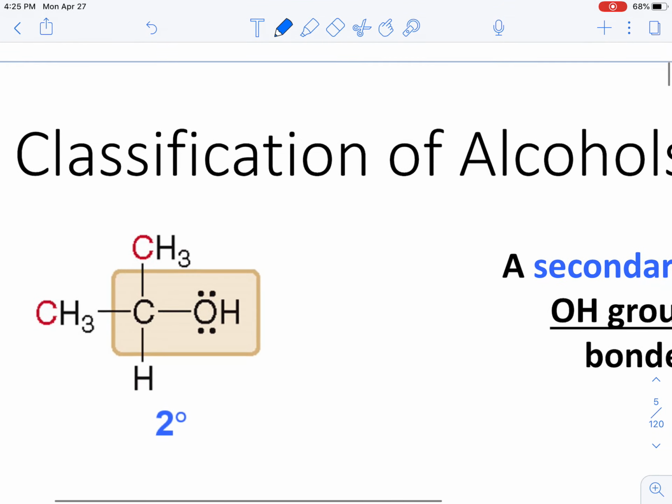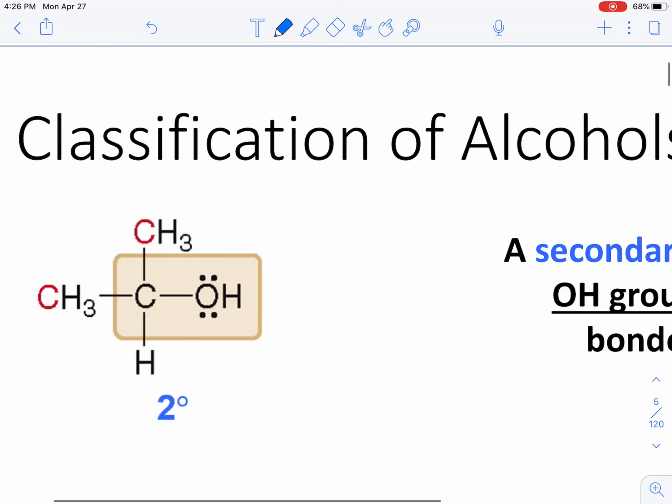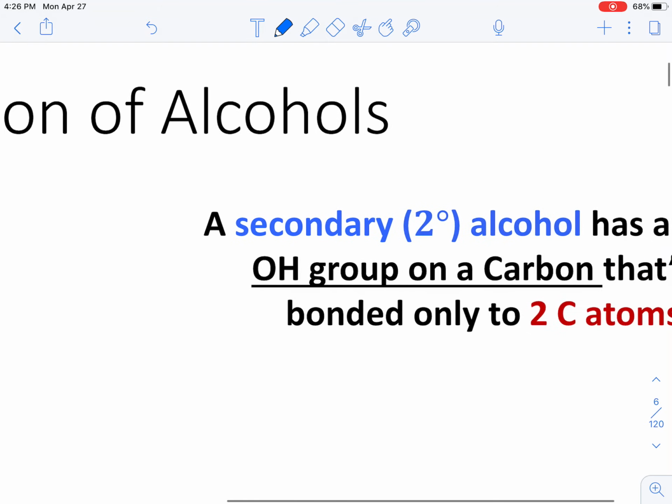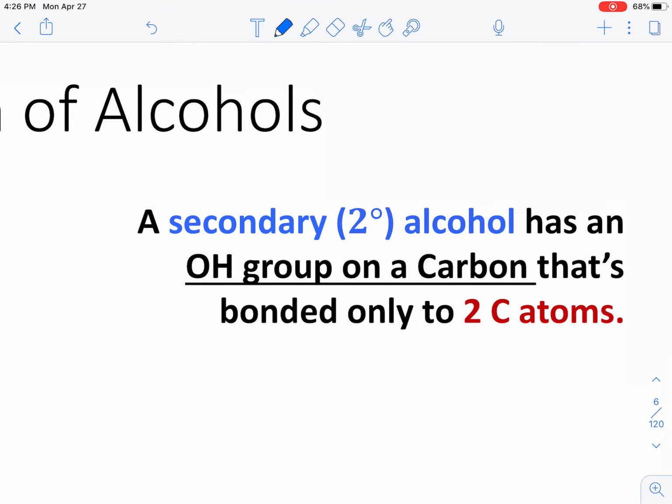And so we can also classify alcohols further by using this word secondary alcohol. So a secondary alcohol has a hydroxyl group that's on a central carbon, in which that central carbon is bonded only to two other carbon atoms.